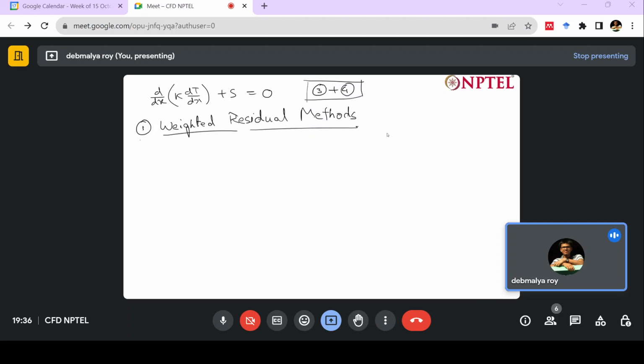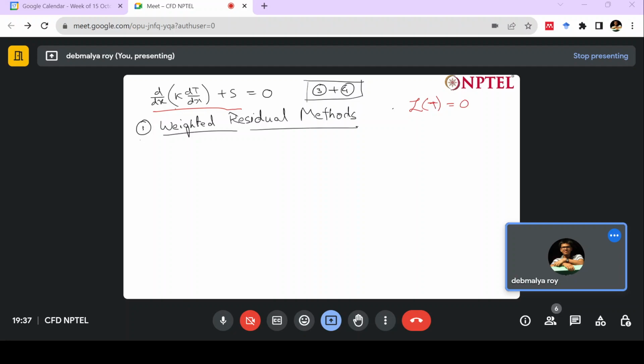Weighted residual uses a concept that, let's say, whatever your equation is, this is the equation that we have written down here, and we write it in the form such that L of t is equal to 0, where L is basically this operator.